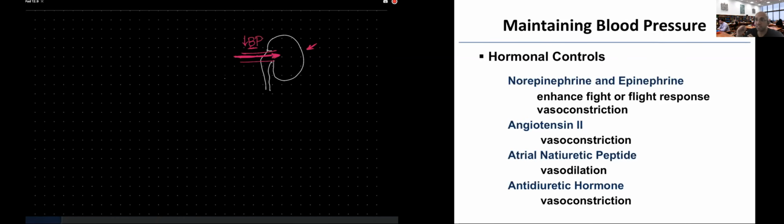Because this pressure is what drives the blood to be filtered in the kidney. So if I have a drop in blood pressure, my kidney will simply not be able to filter the toxins and the waste from the blood.